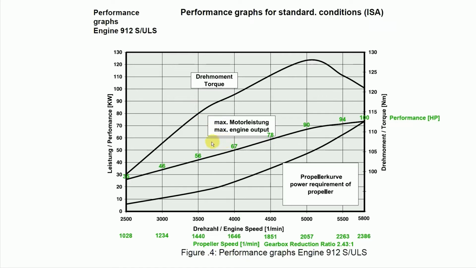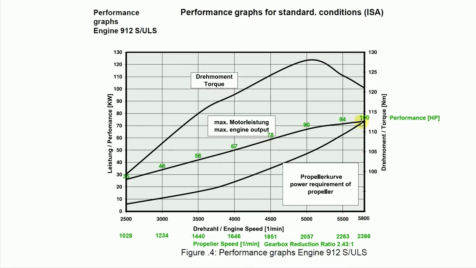This diagram shows various engine parameters in relation to engine RPM at sea level. Now this line shows the maximum engine output at full throttle for the various RPMs. And here we see that the maximum engine output of 100 horsepower is available only at the maximum engine speed of 5800 RPM.